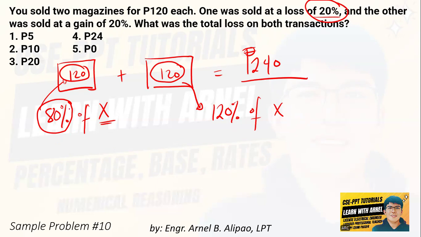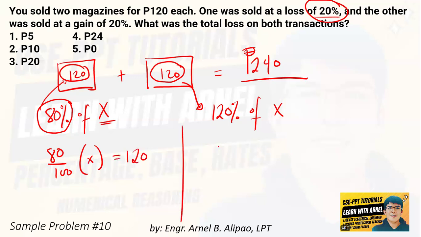From the left side here, we have 80% of x is equal to 120. On the other side, 120% of x, the original price, is equal to 120.